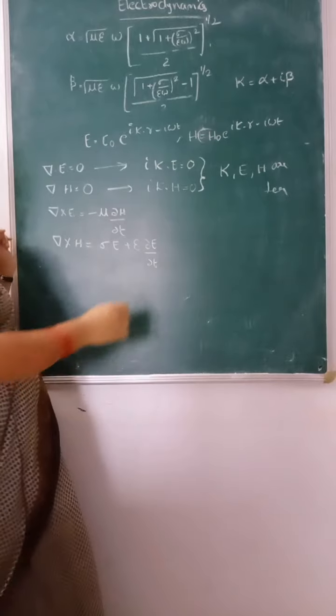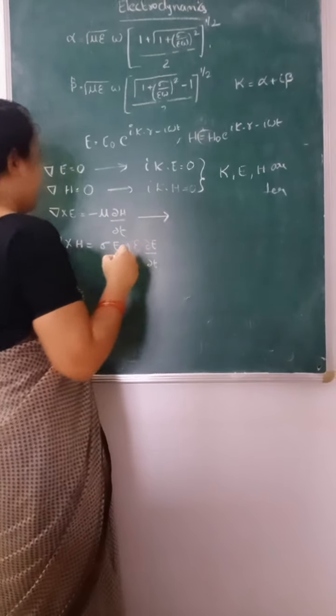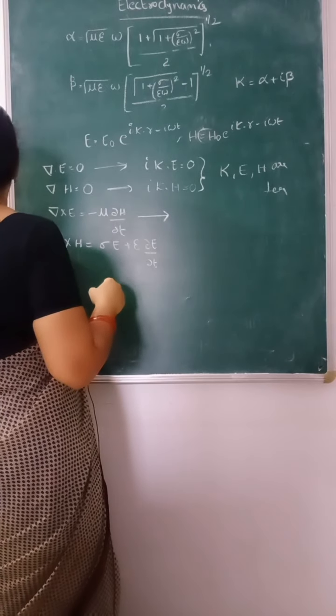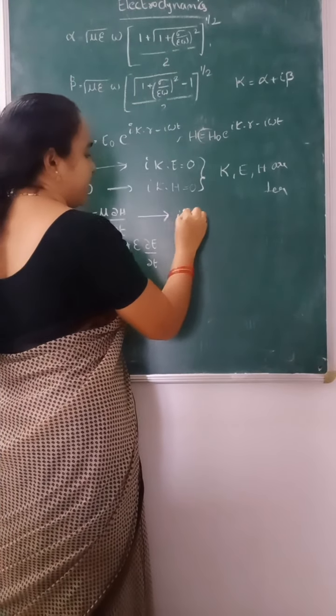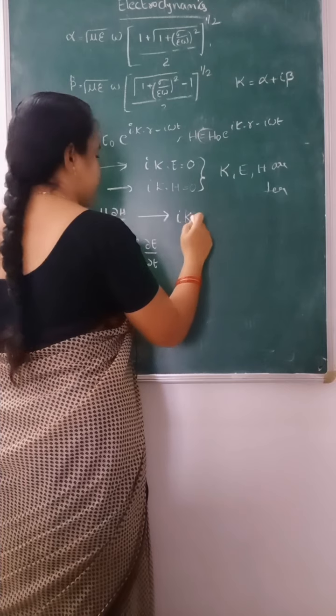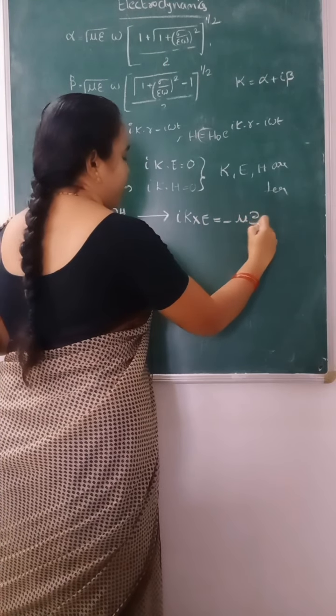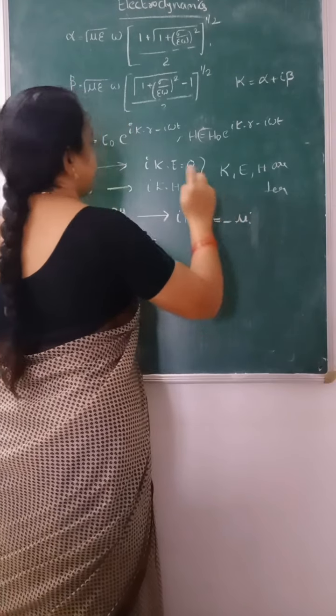Similarly, what is the third equation? Del cross E is equal to minus mu dou H by dou t. So in place of del, substituting i k, that is i k cross E is equal to minus mu dou by dou t of H. What is H?